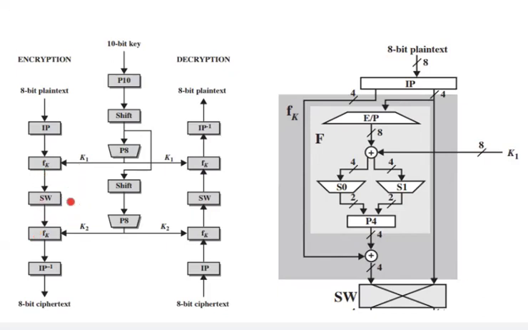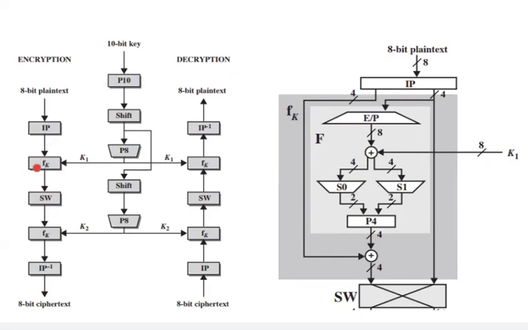The only thing is that the key changes. In the first round, K1 will be used. In the second round, K2 will be used. And you will find that in between, the swap operation is performed. Don't worry, we will discuss that in more detail. At the last, you will have again a permutation operation, which is the inverse of IP. That will give you 8 bits of ciphertext.